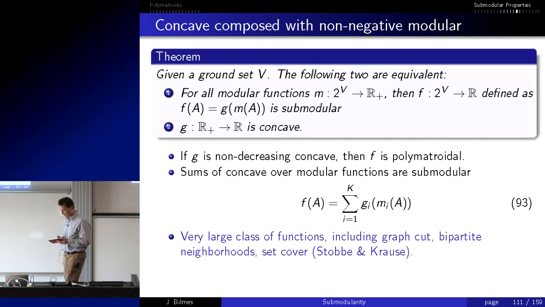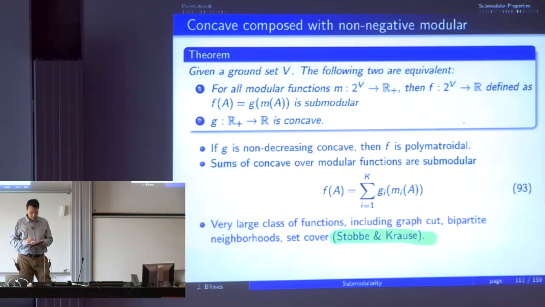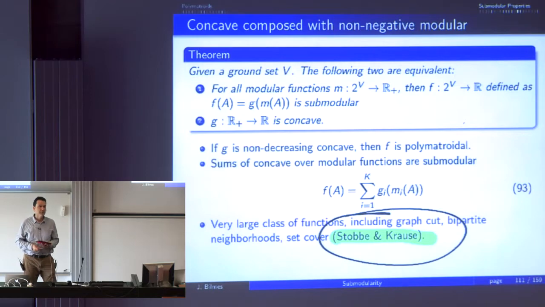And these are ones that the question came up yesterday about the difficulty of minimizing submodular functions. It turns out that this class is a pretty rich and widely used class, especially in machine learning. In my group, we've used this class for a lot of different applications for constrained optimization. This class in particular has a very nice set of minimization procedures that Stobbe and Krause developed a couple of years ago.